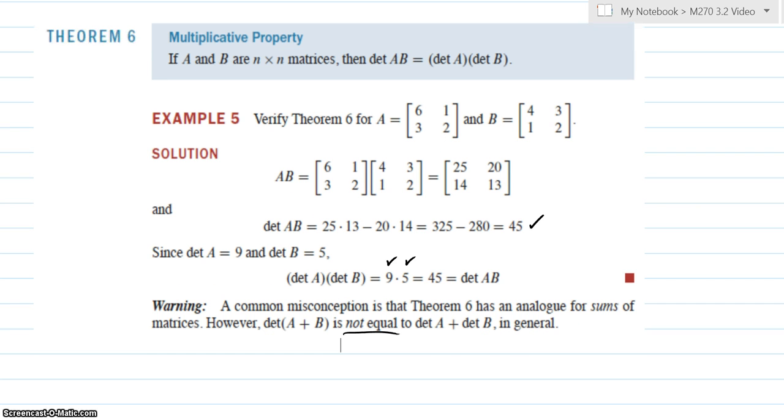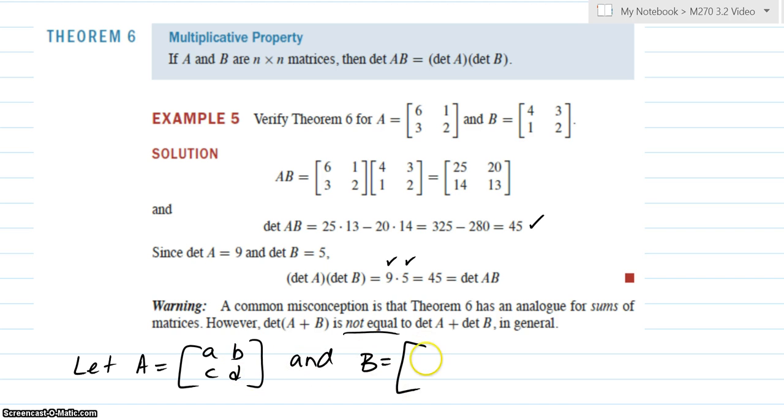The proof of the general theorem does use induction and the idea of elementary matrices that you can look at. But I'm just going to show it for a 2 by 2. Let A equal [a, b; c, d], and let B equal [e, f; g, h].